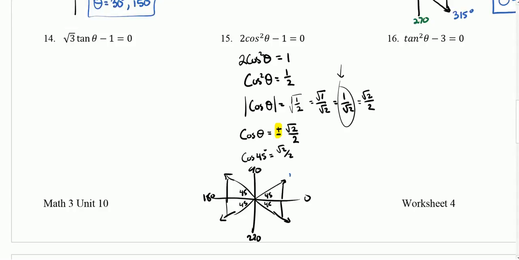And so in quadrant 1 we're pointed at 45 degrees. In quadrant 2 it's 45 less than 180, which is 135 degrees. In quadrant 3 it's 45 more than 180, which is 225 degrees. And in quadrant 4 it's 315 degrees. So theta is all 4: 45, 135, 225, and 315.